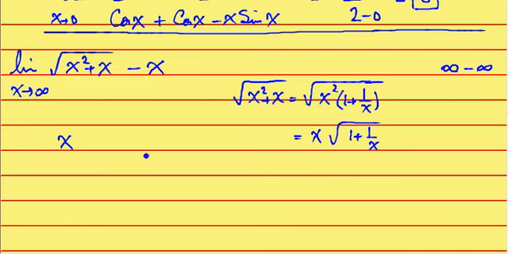So if I want to factor an x out of this, I'm going to get something a little bit unusual. This is equal to the limit of x going to infinity. Factoring x out of the very first term is going to be 1 plus x. Factoring x out of the second term, I have just 1.